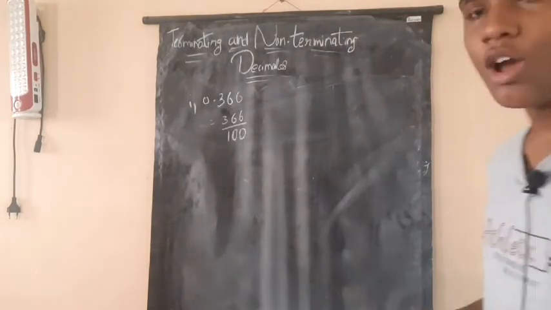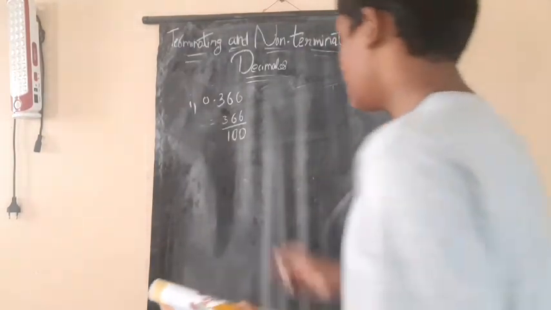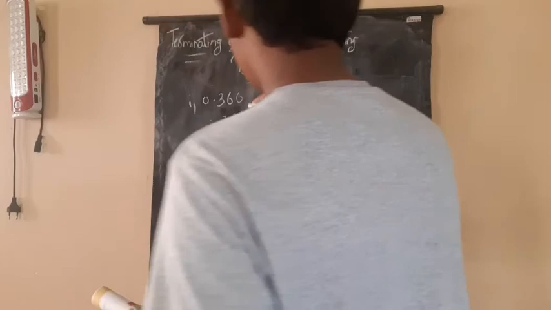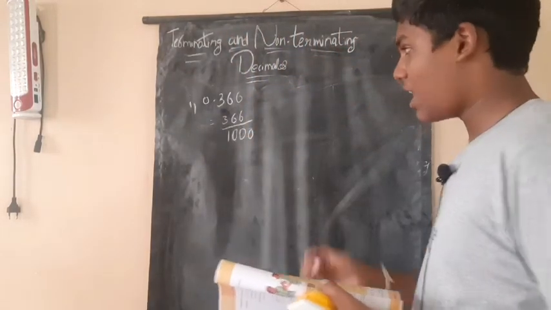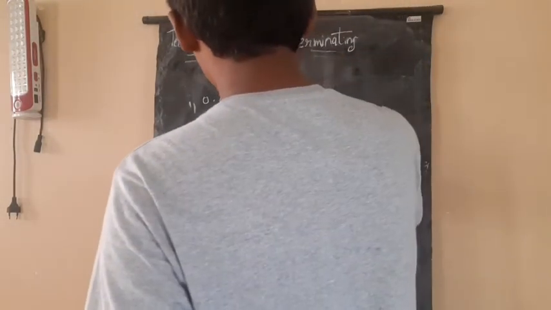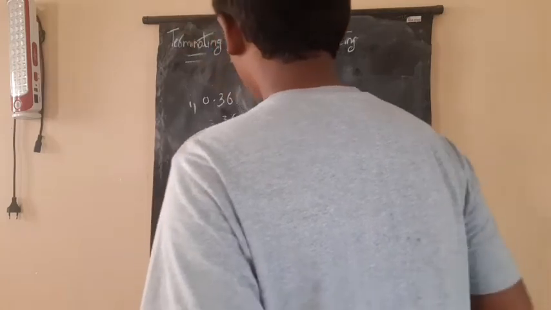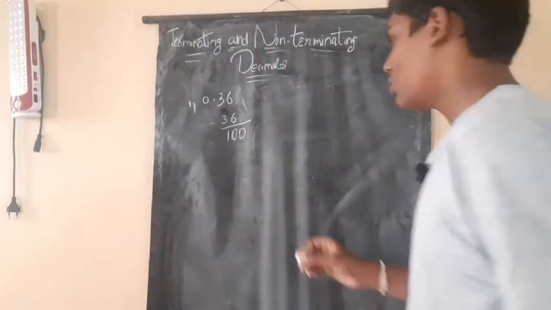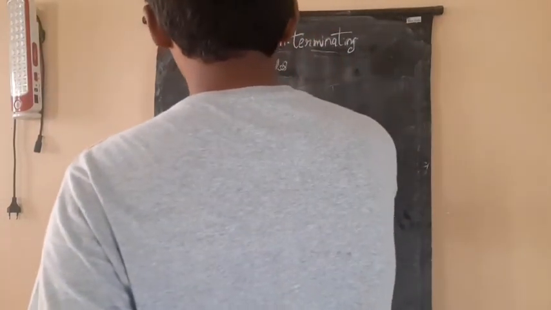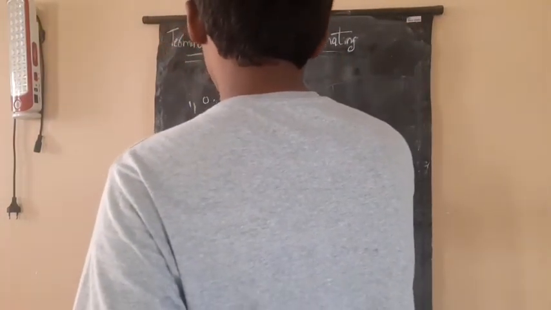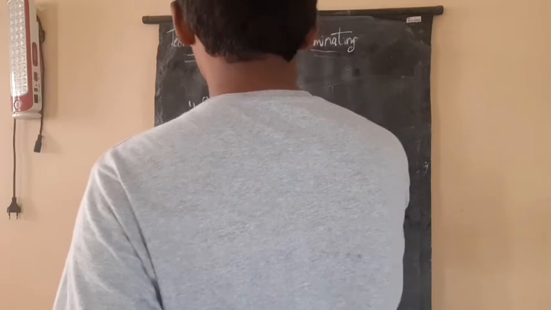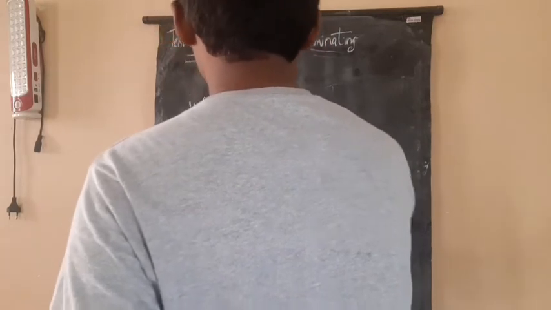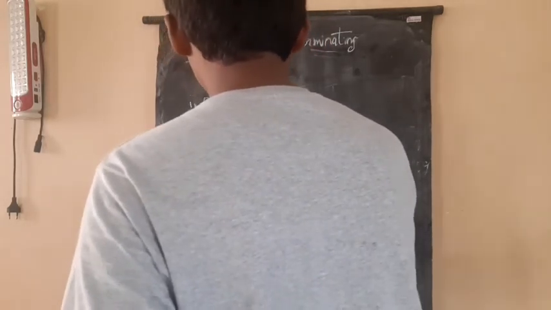But they asked only 0.36. Now we can cancel: 4 with 4, so 9 by 25 will come in p by q form.